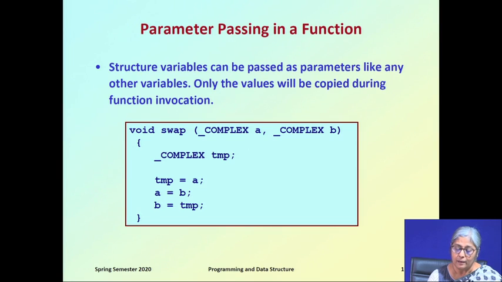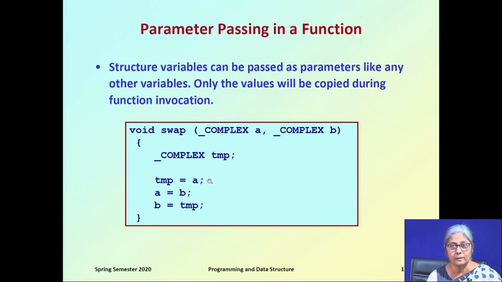Now, complex temp: one temp variable we have declared to be of type complex. For swapping we need a temporary variable, the only difference is that under this temp there are two members, the real part and the imaginary part.